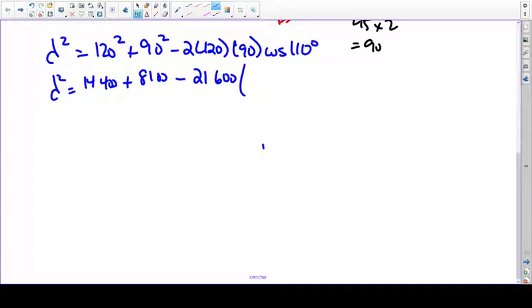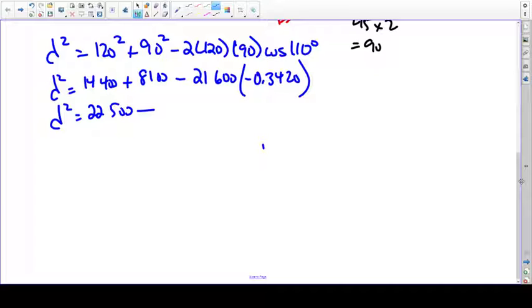To 4 decimal places, keeping all of them on our calculator, it's going to be negative 0.3420. If we add the 14,400 and the 8,100 together, we get 22,500 less the product of 21,600 and negative 0.3420.